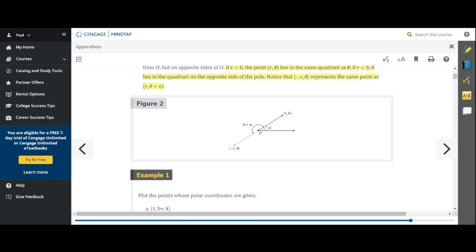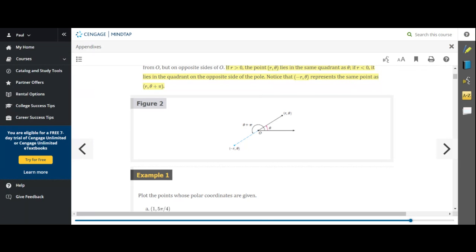But what about the other polar coordinate, negative r, theta? Well, you measure an angle theta, but instead of moving forward a distance r, you move backwards a radius r. And that's how you get negative r, theta. Okay, that's how you get that. Are there any questions on figure 2?